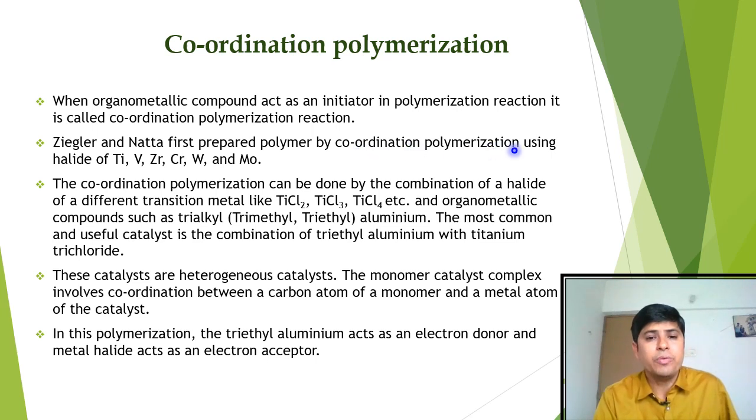Coordination polymerization can be done by a combination of a halide of a transition metal like TiCl2, TiCl3, TiCl4, and an organometallic compound like a trialkyl aluminum, such as trimethyl or triethyl aluminum.